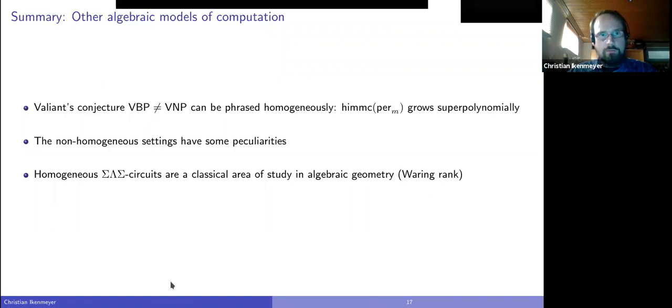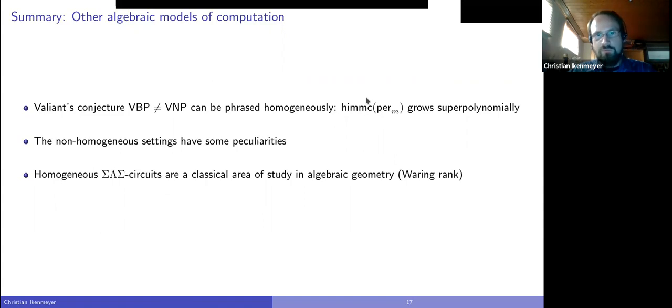Okay, so what did I want to say about other algebraic models of computation? The conjecture can be phrased homogeneously. It's about a homogeneous complexity measure of the permanent growing superpolynomially. And the non-homogeneous settings have some peculiarities. And actually, the homogeneous setting has been studied classically in algebraic geometry.